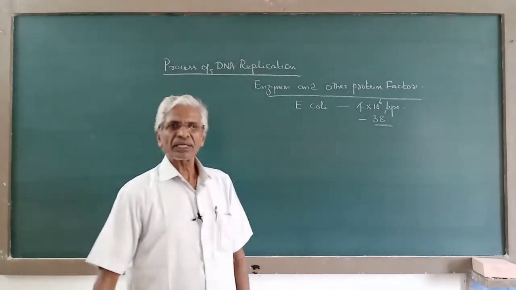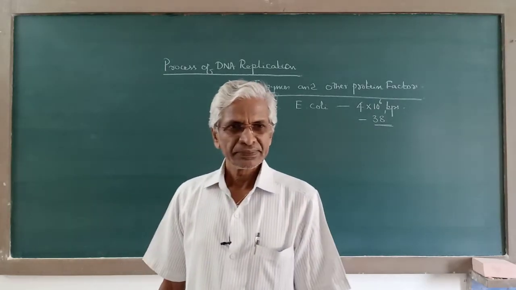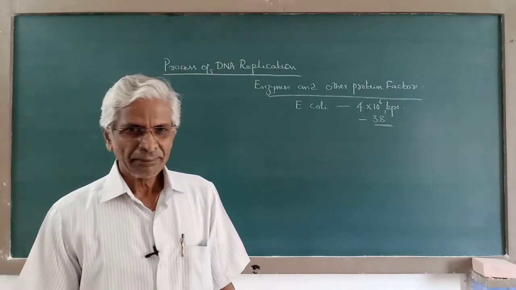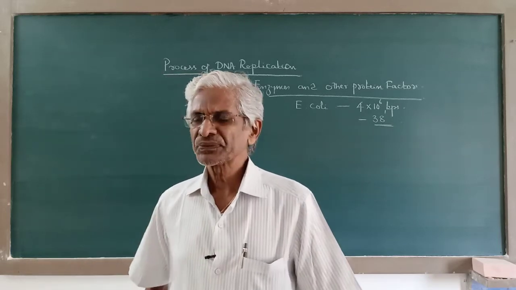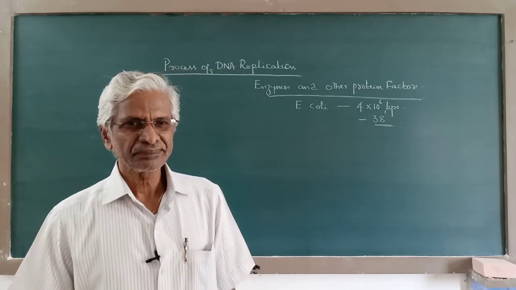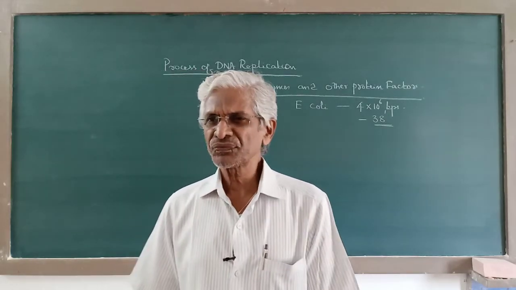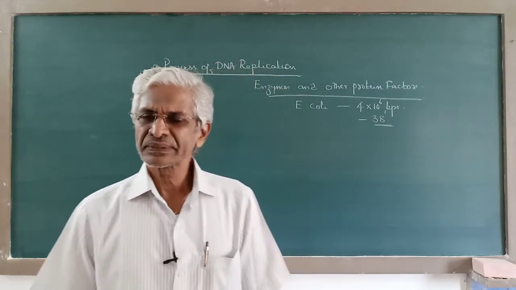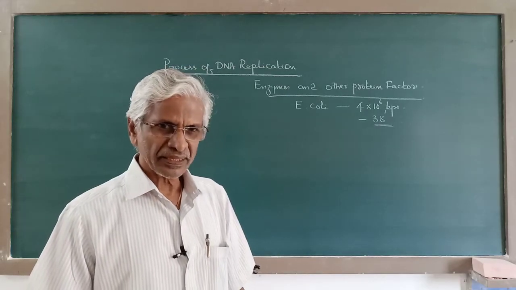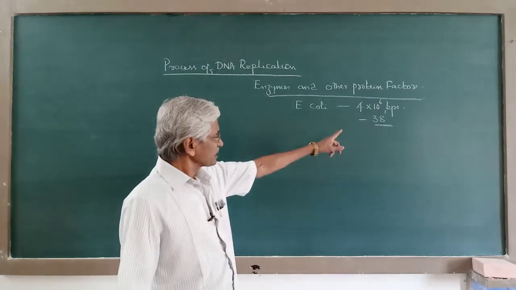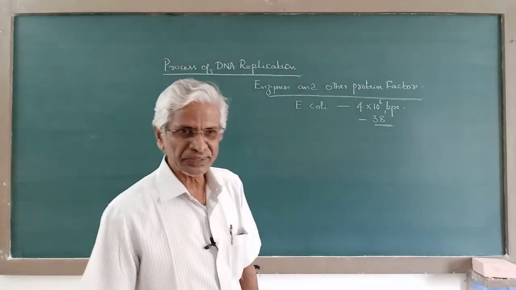So in E. coli bacterium, whose DNA consists of about 4 million base pairs, the polymerization of DNA nucleotides and the replication process completes within about 38 minutes.